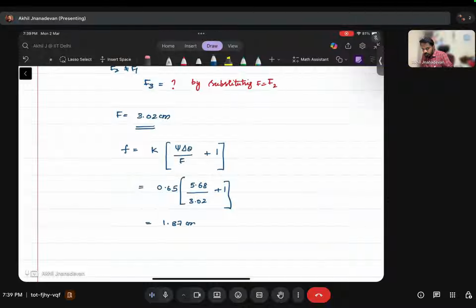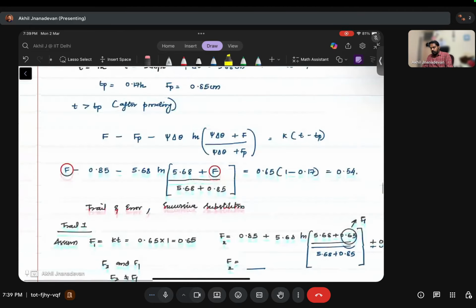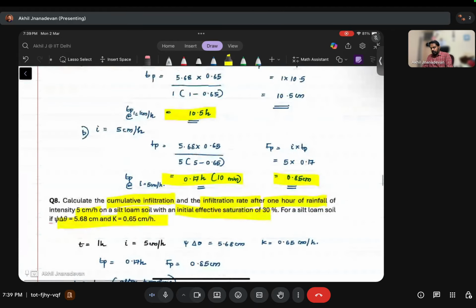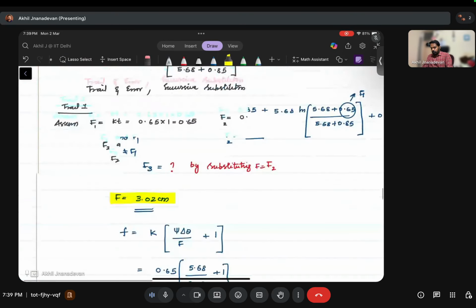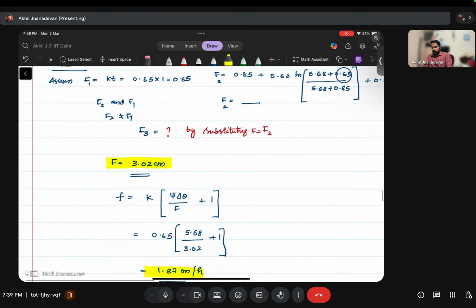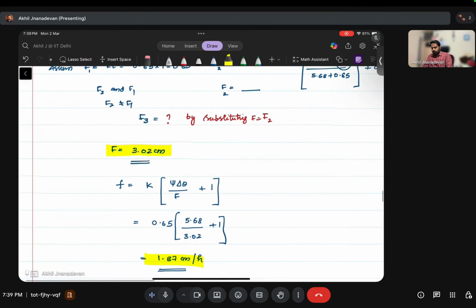So the depth is 3.02 and the infiltration rate is 1.87. At the time of ponding, the infiltration depth was 0.85 centimeter, right? That we got. After 1 hour, the infiltration depth is 3.02 and the rate became 1.87, whereas the rainfall is occurring at a rate of 5 centimeter per hour.